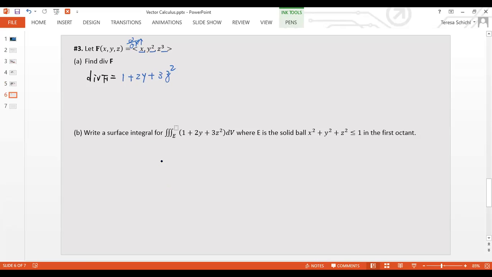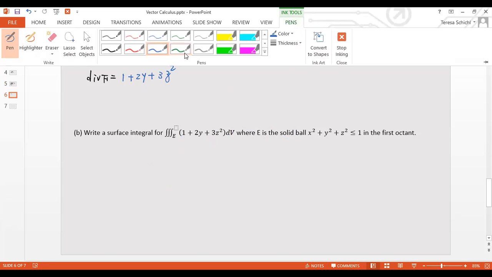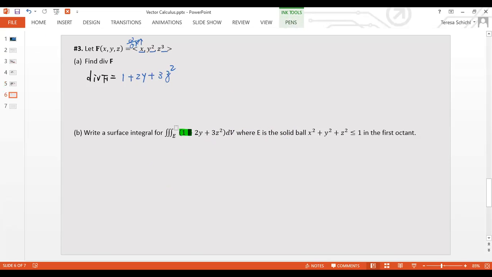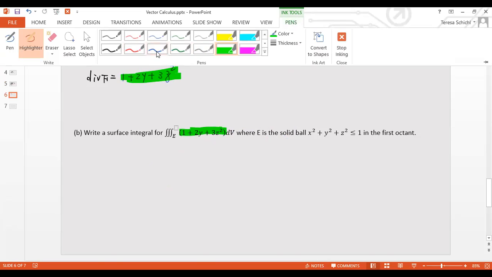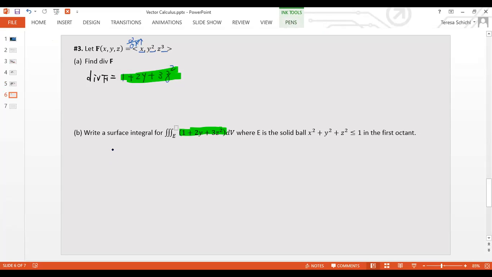Okay, then the second part, they say write a surface integral for the integral over E of 1 plus 2y plus 3z squared dV. E is a solid ball in the first octant, all right? Now take a look here. This is the divergence of F, which we just defined, over E, right?